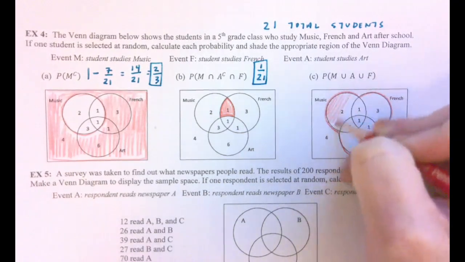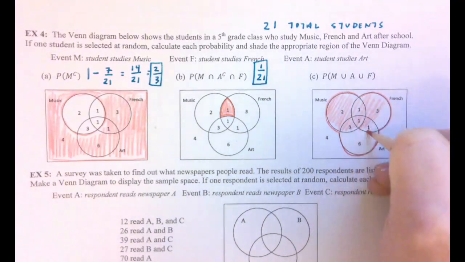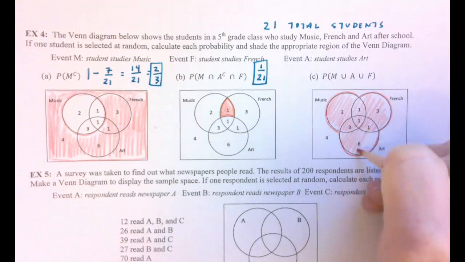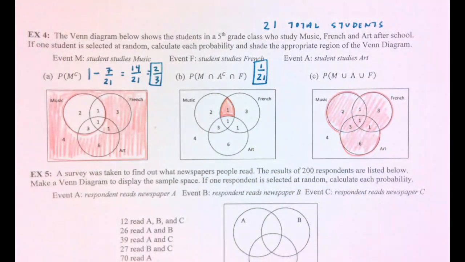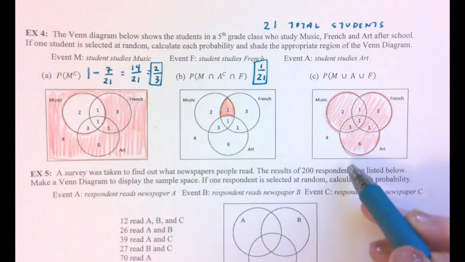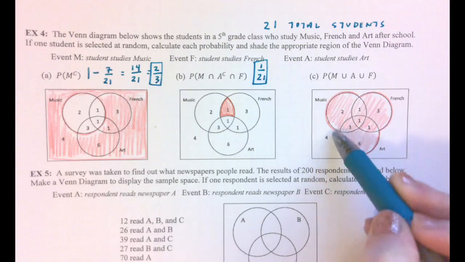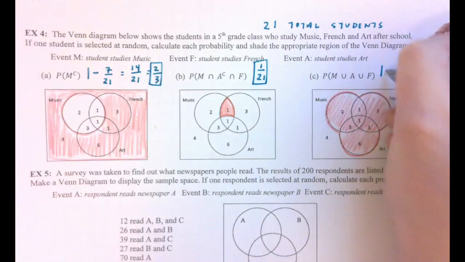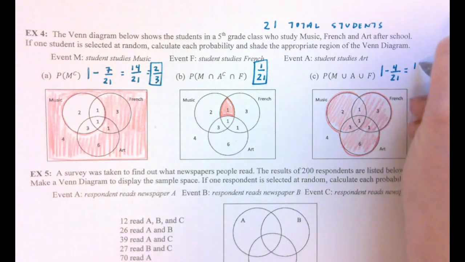It could be anything that falls in these circular regions here. Okay, so again, I could add up all of those individual parts, or I could go through the complement. Probably faster if I do 1 minus 4 out of 21, and that gets me 17 out of 21.